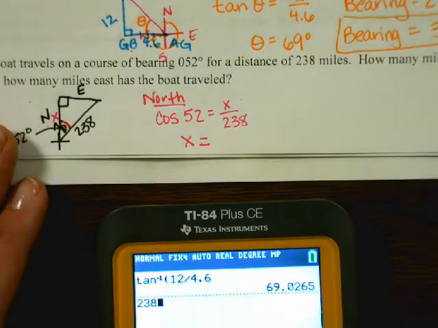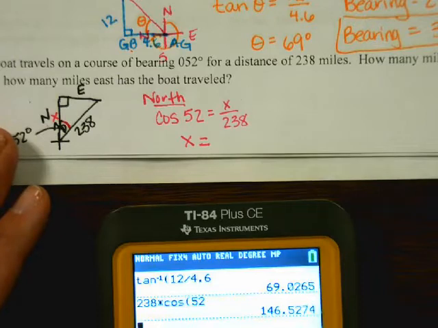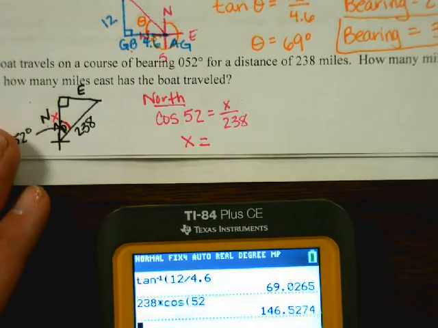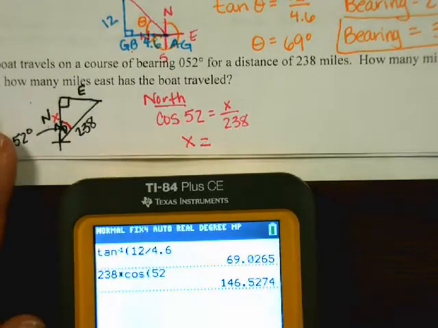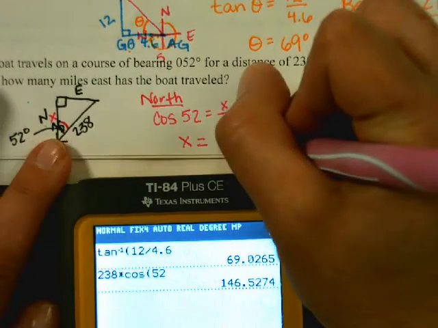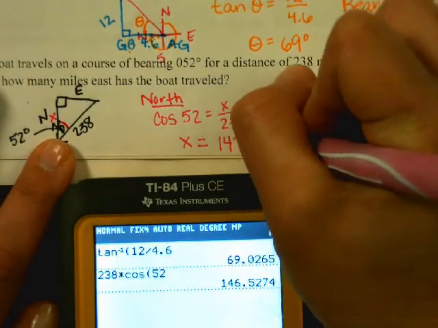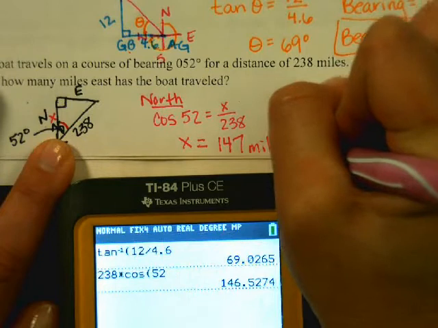So 238 times the cosine of 52 is 146.5, and if we round it, it would be 147 miles north.